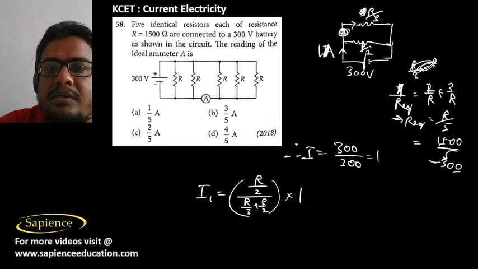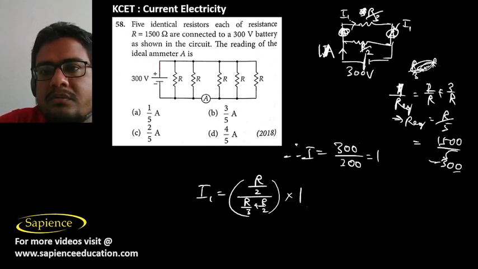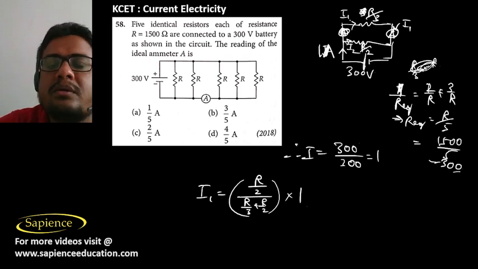Actually, the ammeter is connected here. So through this I1 current is flowing, so through this also I1 current will flow. This I2 current is flowing, where I2 plus I1 is 1 ampere.